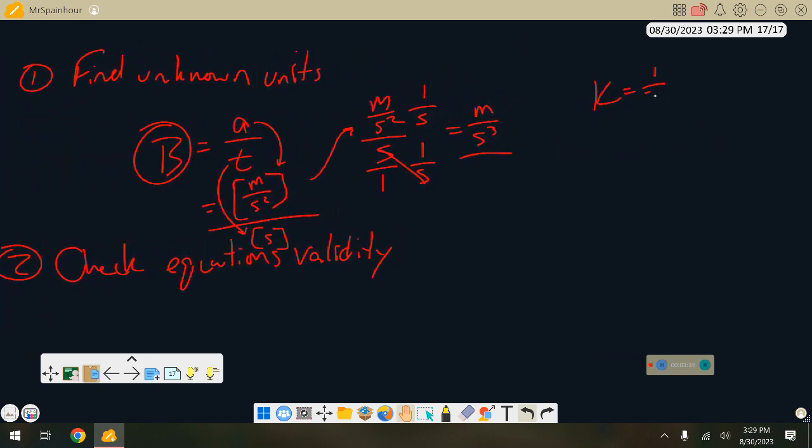Let's try again with an equation you'll see later this year. K equals 1/2 mv squared. This equation highlights a couple of problems that students struggle with. For starters, 1/2 is a scalar multiplier, or technically a divider, but it adjusts the overall number. What it doesn't adjust is the units, because it doesn't have any units.